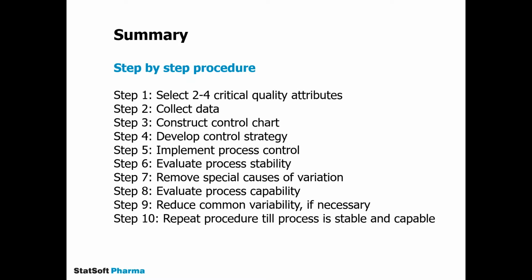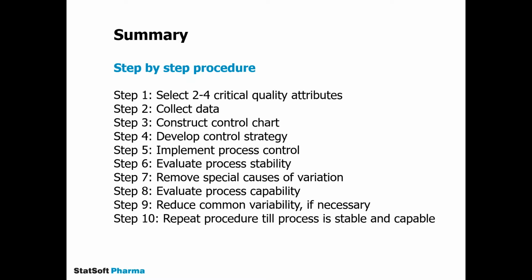Step number 6, evaluate process stability using test 1, points beyond control limits, and additional 2 or 3 tests if justified. Step number 7, if the process has special causes of variation present, try to remove them using the control strategy defined. Repeat this step till the process is under control.